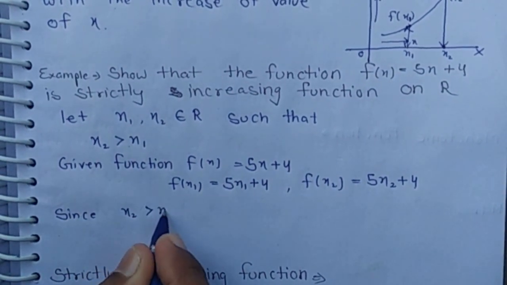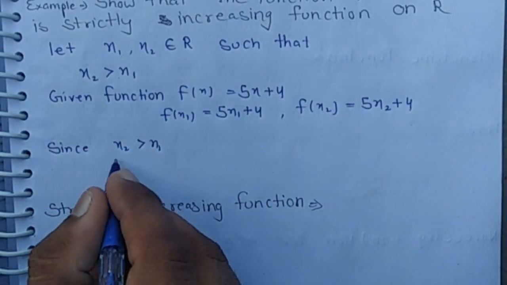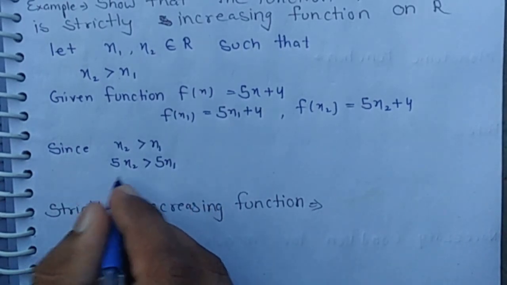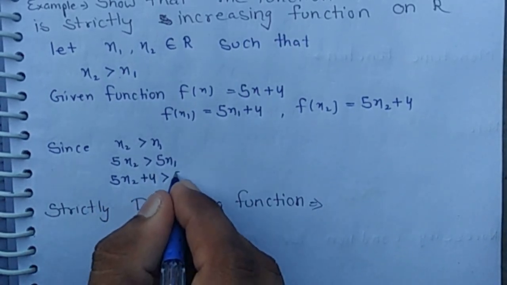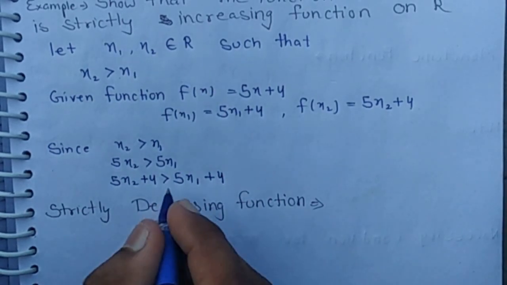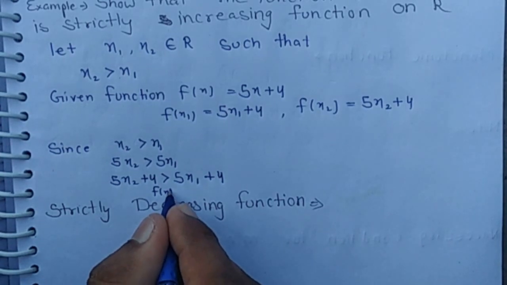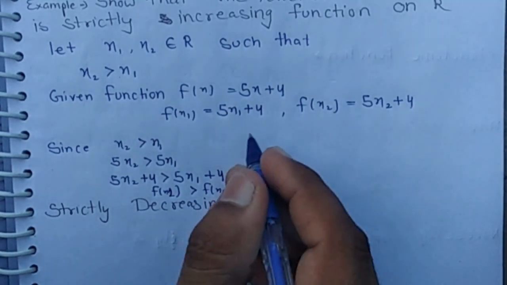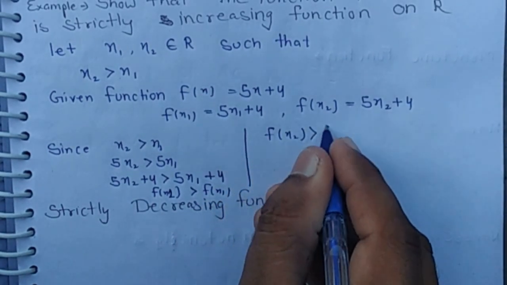Since x2 is greater than x1, now multiply by 5 both sides: 5x2 is greater than 5x1. Adding 4, we have the value of f(x2) is greater than f(x1).